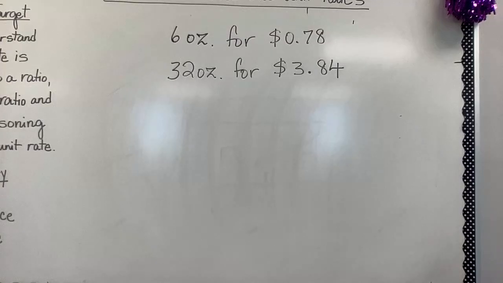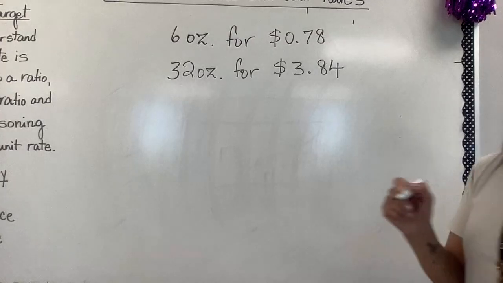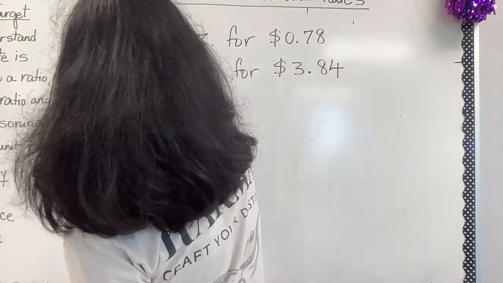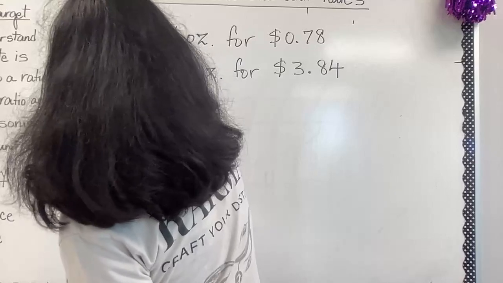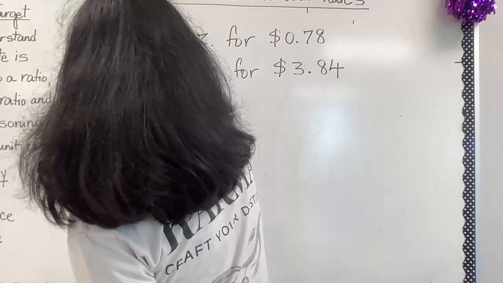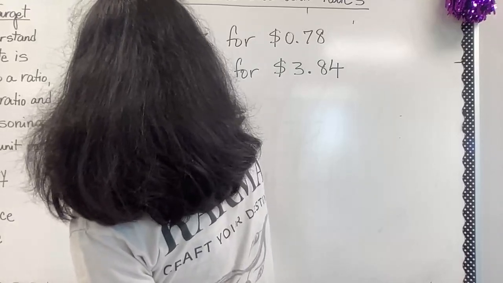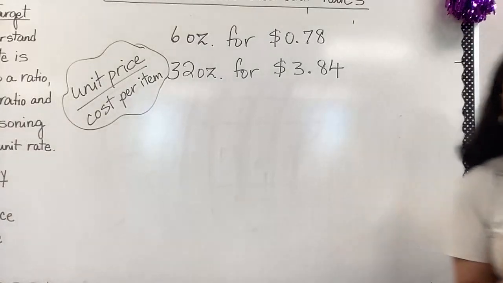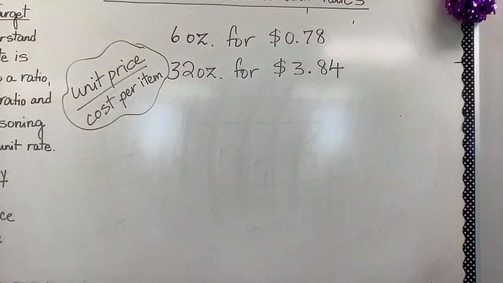The unit price is the cost per item. Cost per item is the unit price. You can use what you know about unit rates to find a unit price.